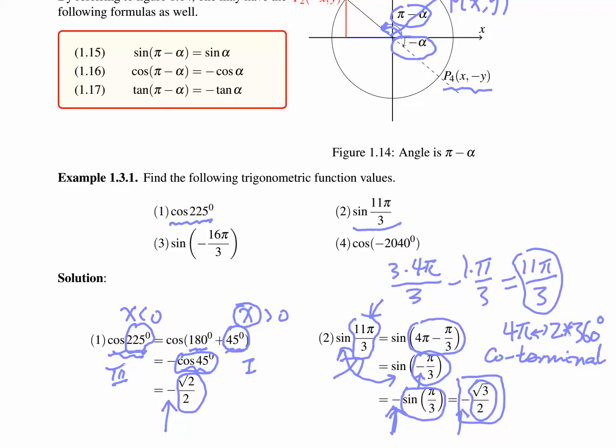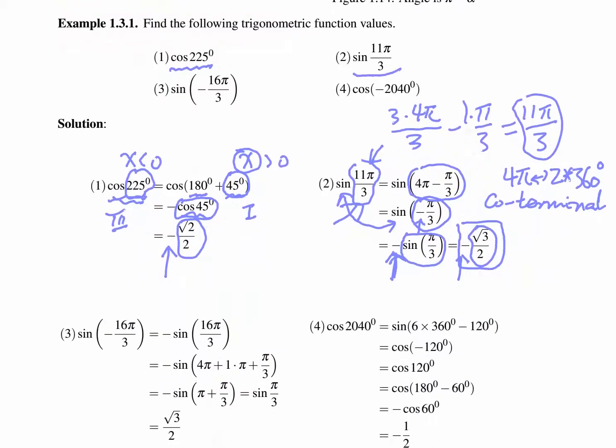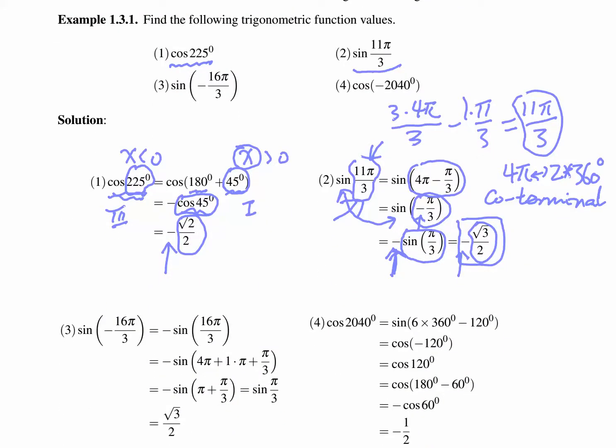Okay. Now let's look at the third example and the fourth example here. The third example is sine of negative 16 pi over 3. We know this negative sign can get out. So that's why we have a negative here, and inside is 16 pi over 3.